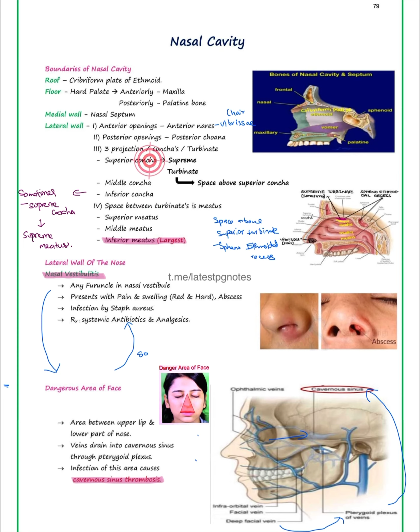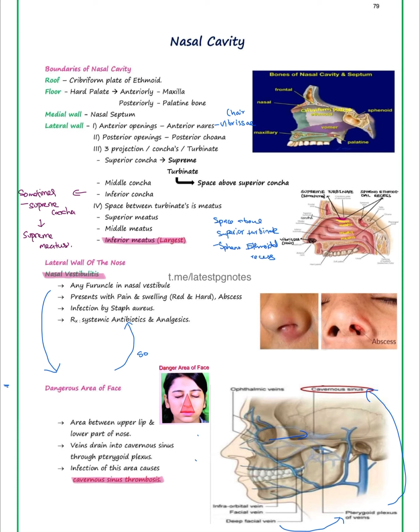The space between the superior and the middle concha is known as the superior meatus. Then the space above the superior concha is known as the supreme meatus.